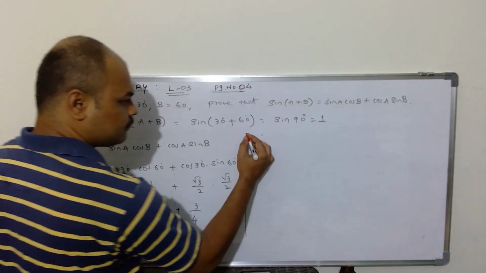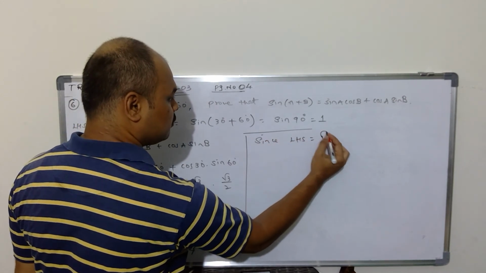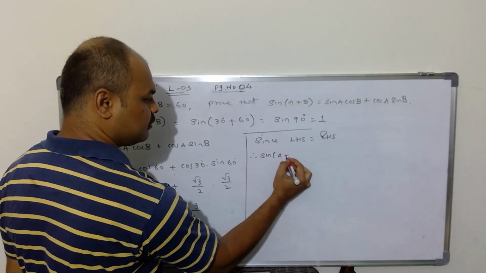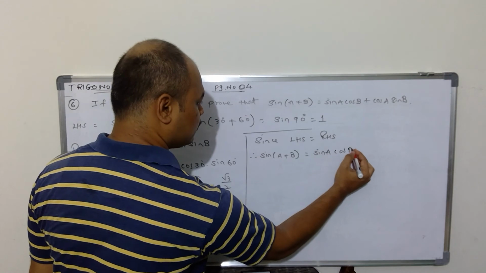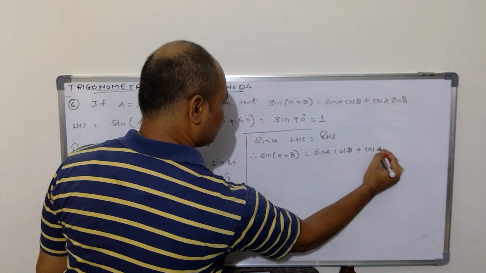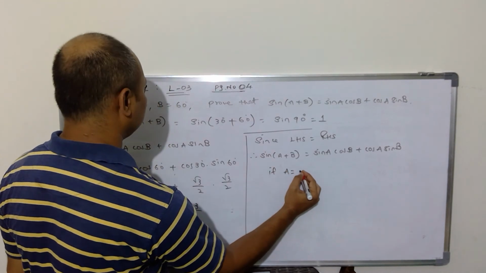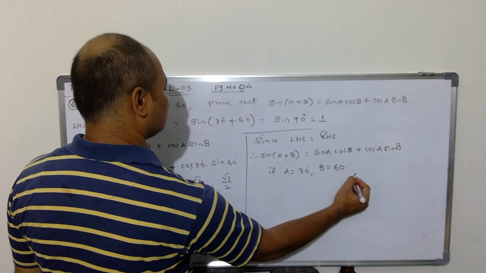So since LHS is equal to RHS, therefore sine A plus B equals sine A cos B plus cos A sine B if A is equal to 30 degree and B equal to 60 degree.